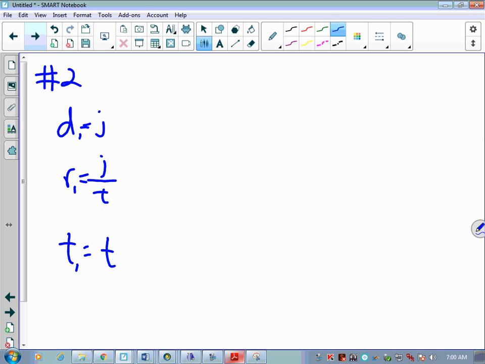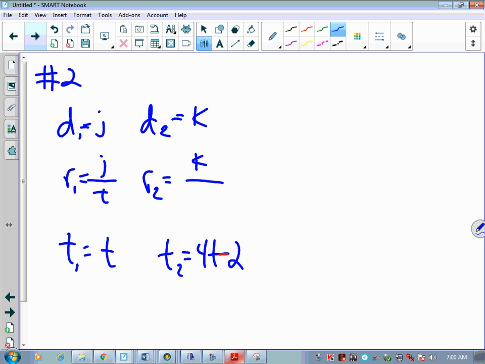We'll call that D1, R1, T1. D2 is K inches, T2 is 4t minus 2 seconds. Let's make sure we can see the difference there. R2 is K over 4t minus 2.